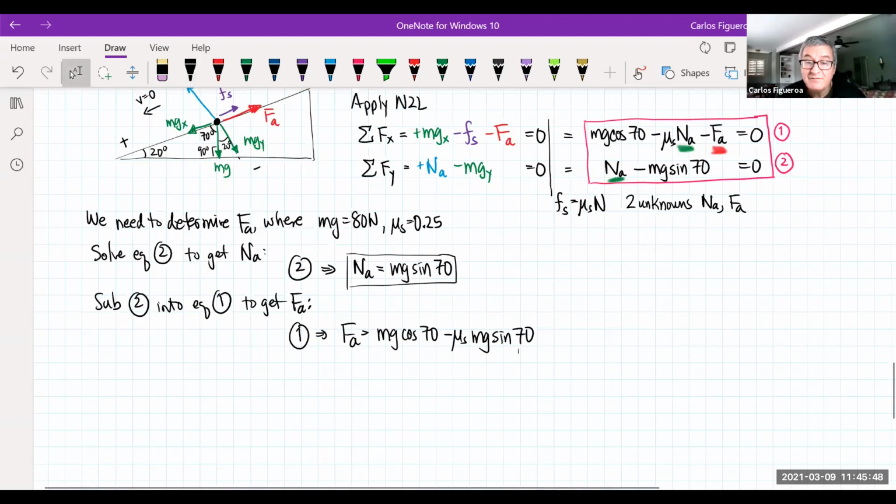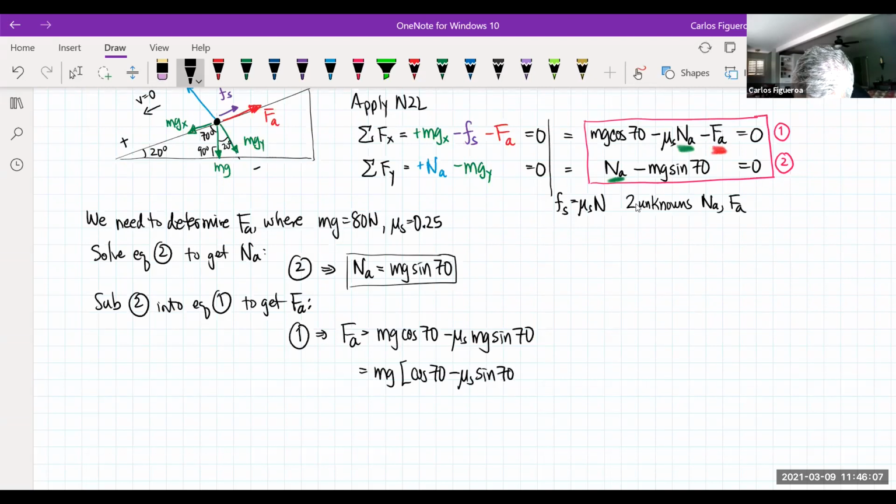Now that I have that, I can isolate it. The first thing I'm going to do is pull out mg. If I pull out mg, then I have the term cosine of 70 minus mu of s sine of 70.